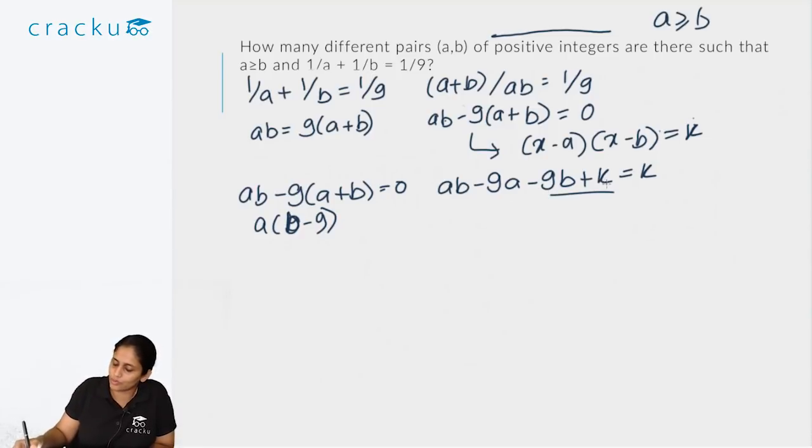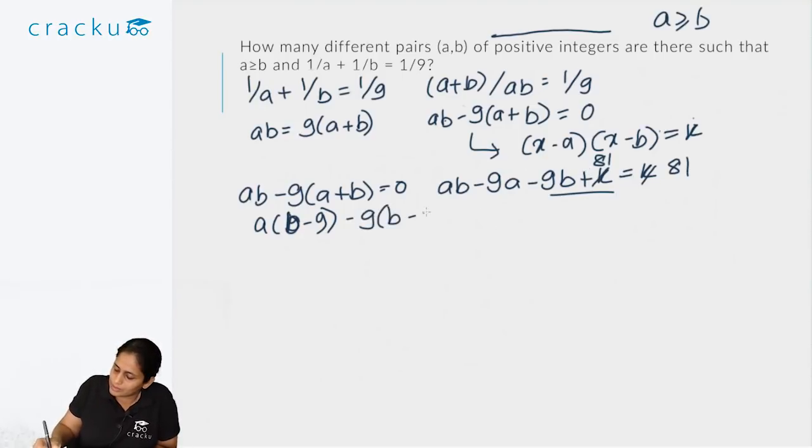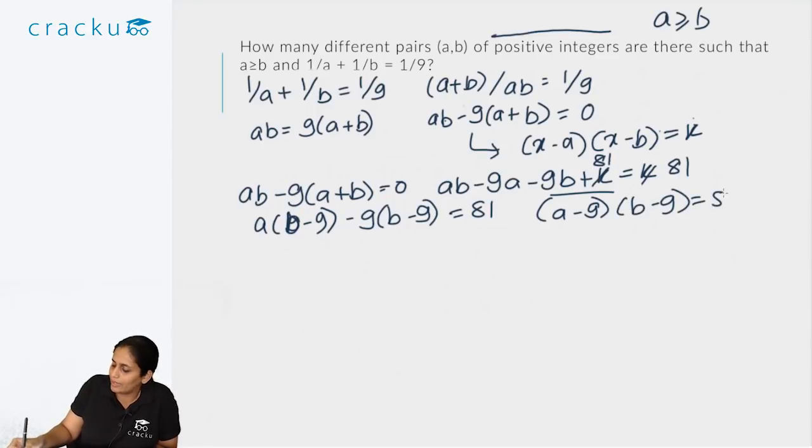So my k should be such that if I take minus 9 in common, I get (B minus 9) over here. So this should be essentially minus 9 into minus 9. Therefore k should be 81. So I'll write plus 81 on both LHS and RHS. So by taking minus 9 in common, I say minus 9 (B minus 9) is equal to 81. So I can write this equation as (A minus 9) times (B minus 9) is equal to 81.